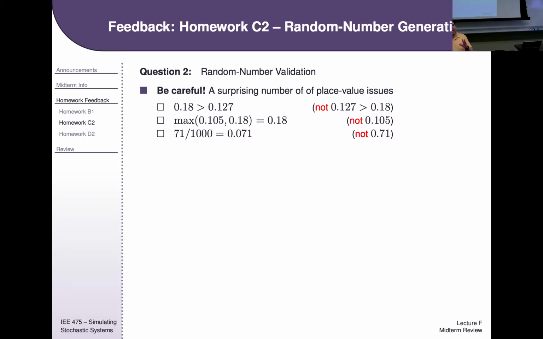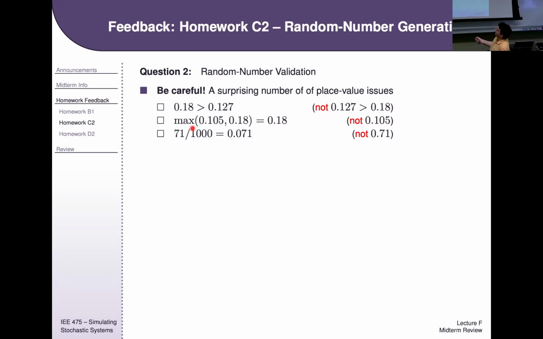It seems silly that I'm reminding you of this, but trust me, on this homework in particular, where you have the time, we see this happen. People say, oh, 127 is greater than 18, when they're doing this comparison in their statistical tables. So just be careful about place value. It definitely comes up, this place value stuff.